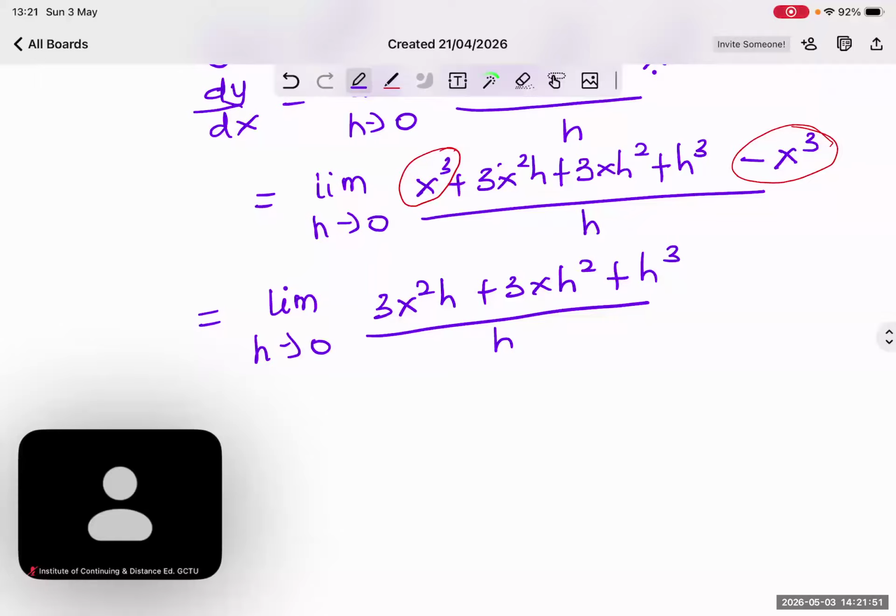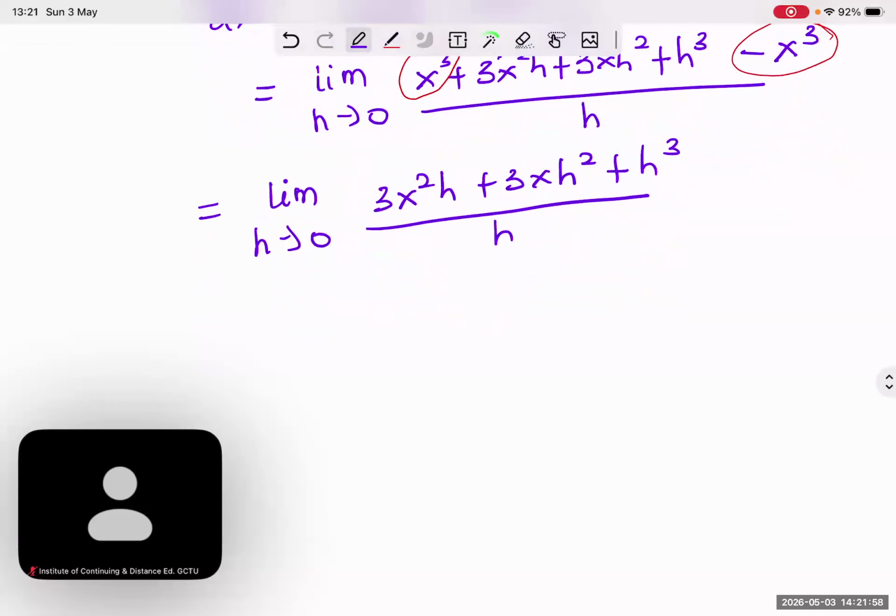Next is to look through the expression and see if we can simplify further, and the answer is yes, we can. We notice that there's h here, here, here, and here, so our next step is to factorize the h out. And so my dy dx is equal to the limit as h approaches 0. I'm factorizing h out of the numerator.